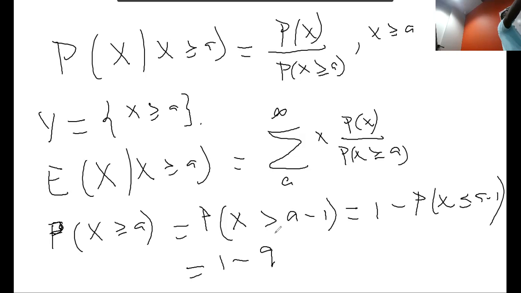It would have been a minus 1 plus 1. So this is what gives you q to the a. This is p of x greater than or equal to a. What if you are doing a Montmorillon's problem which is greater than, it is x greater than a, which is x greater than or equal to a plus 1, because it's 0, 1, 2, 3, 4, 5.